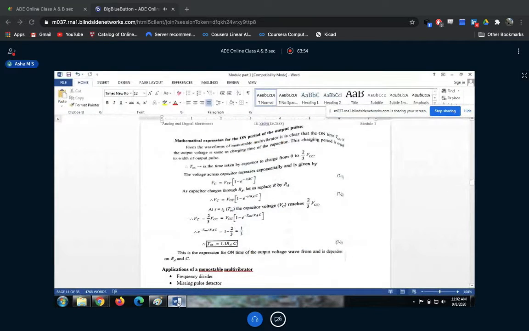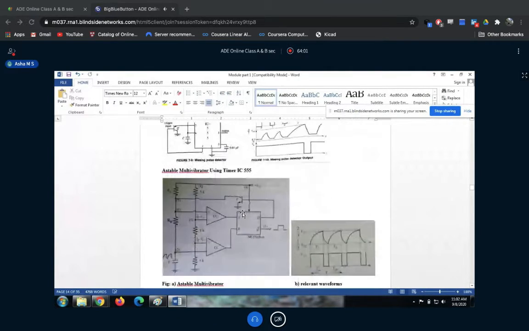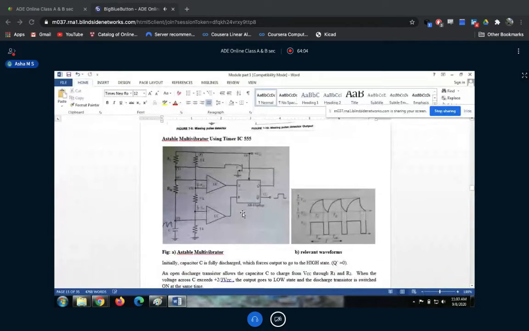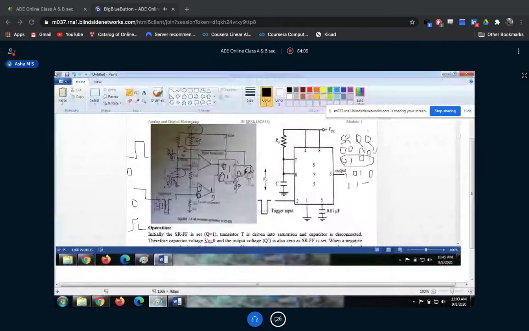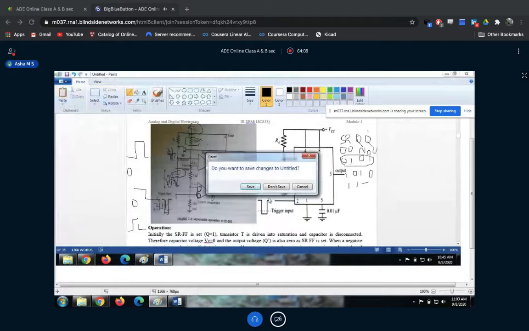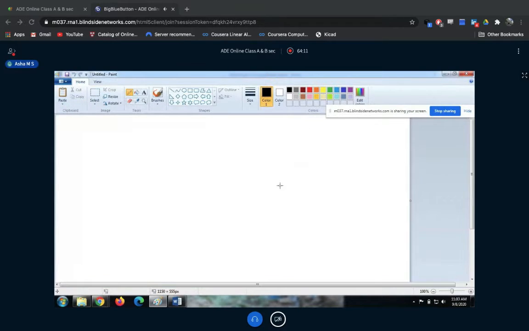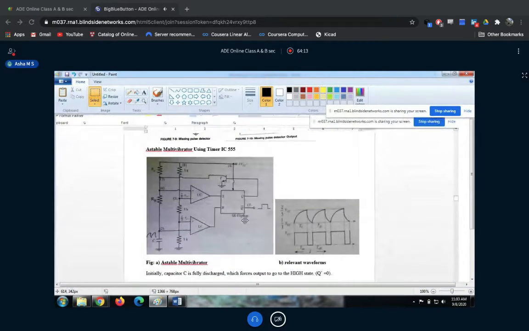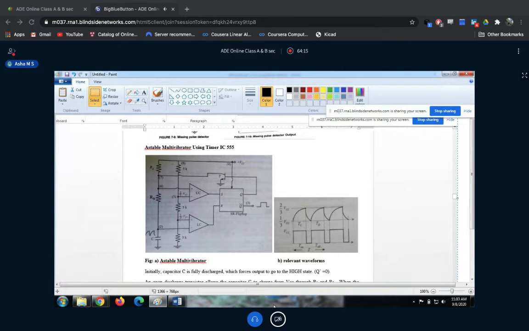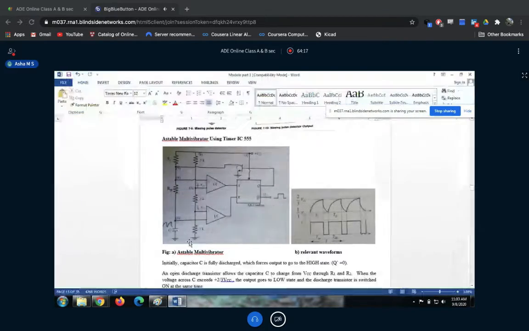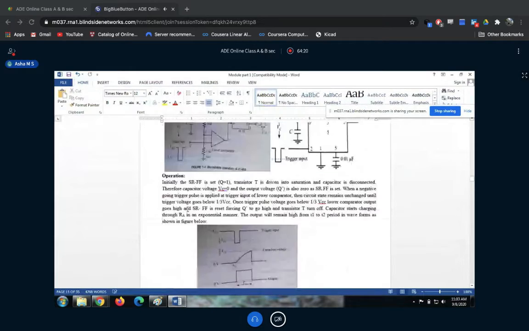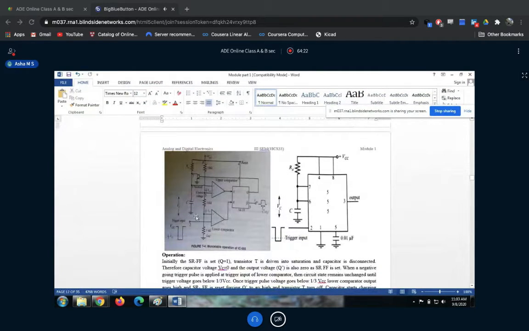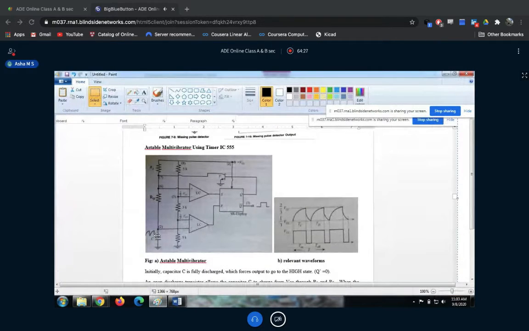Okay. So let's move to the astable multivibrator before ending today's session. Let's see the working of the astable multivibrator. The same story. The only thing is here we don't have the external trigger. There we had an external trigger at pin number 2, but now pin number 2 is connected to the capacitor.